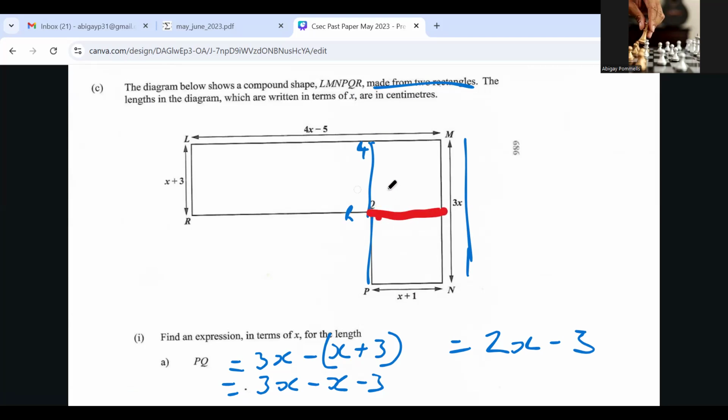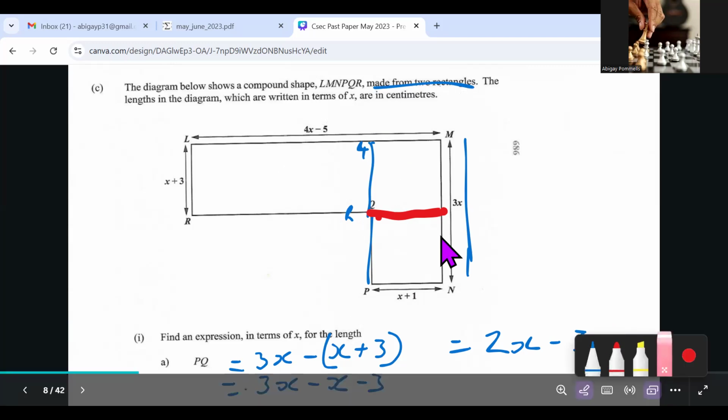So this will be my line. So this will be, no, I won't do it like that. Let us just do it how it already looks.